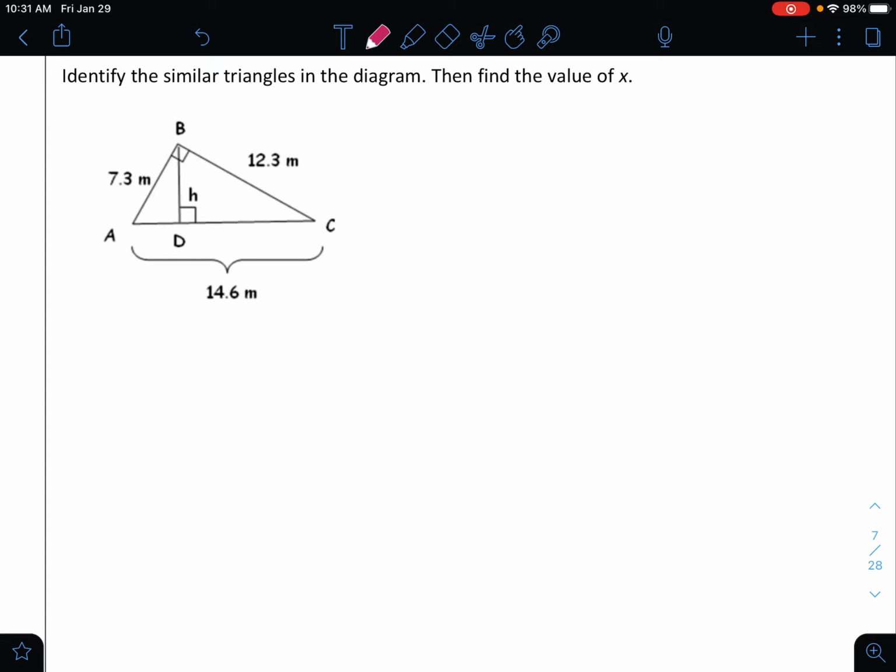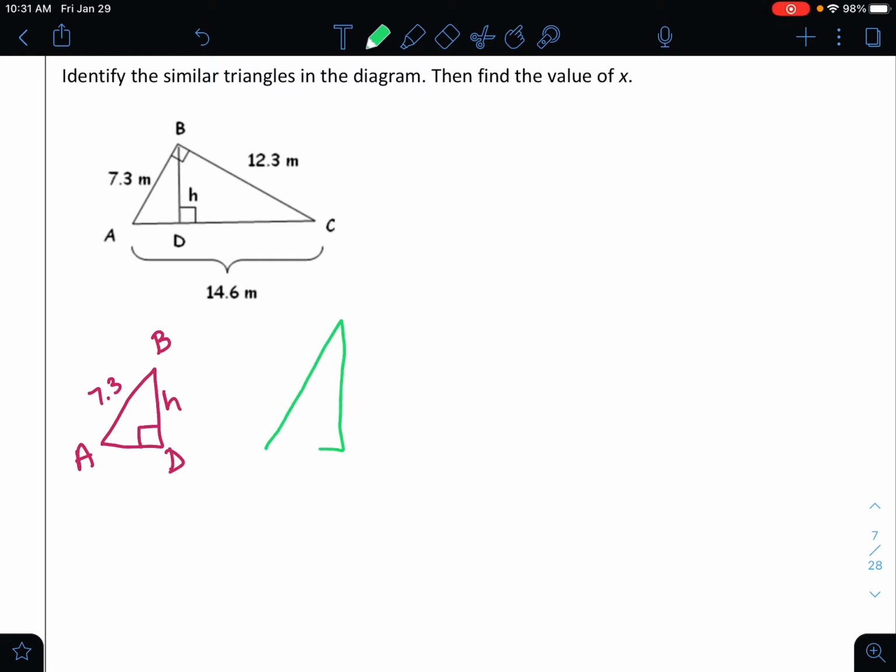I'm going to start with ABD, the smallest one, going small, medium, and large. Here's A, B, D. I'm also going to add all the numbers I can. Here is 7.3. This is h. I don't know what AD is.